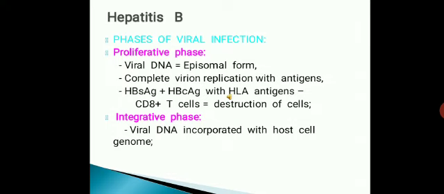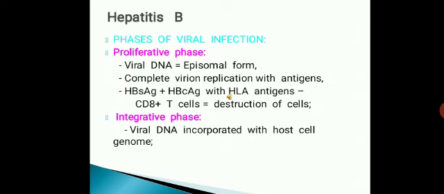It causes replication of the virus, forming surface antigen and core antigen, and this is presented to the CD8 cell of the host, which causes destruction of the hepatocyte that is infected by the virus.